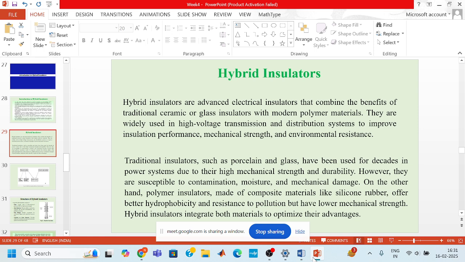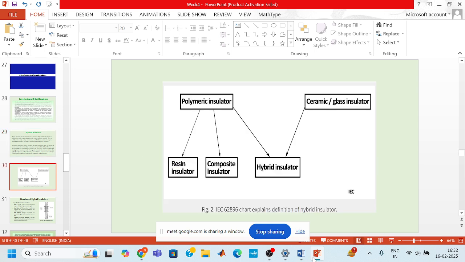On the other hand, polymer insulators made of composite materials like silicone rubber offer better hydrophobicity and resistance to pollution, but have lower mechanical strength. So hybrid insulators integrate both materials to optimize their advantages.